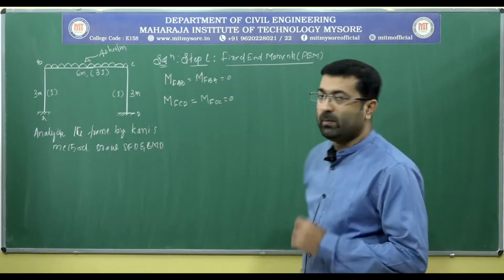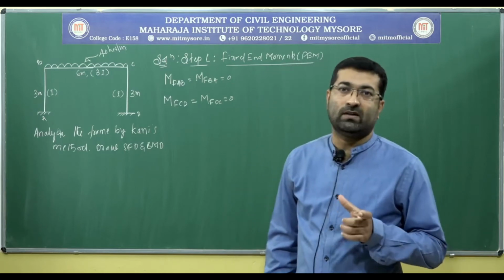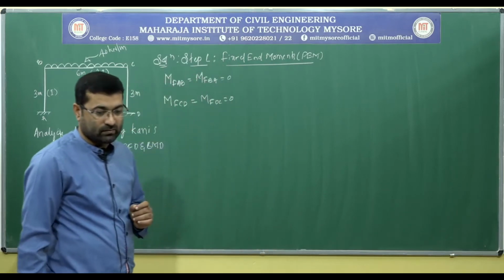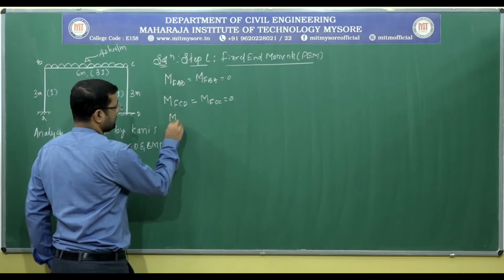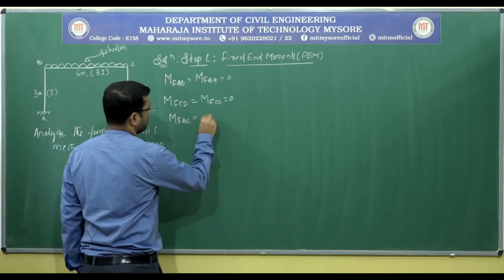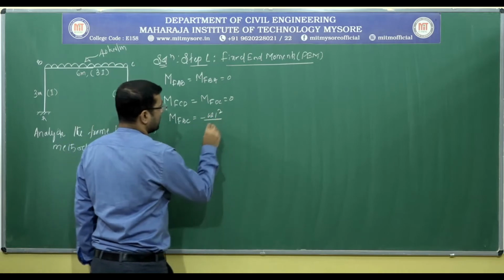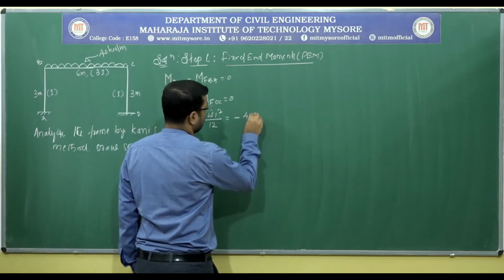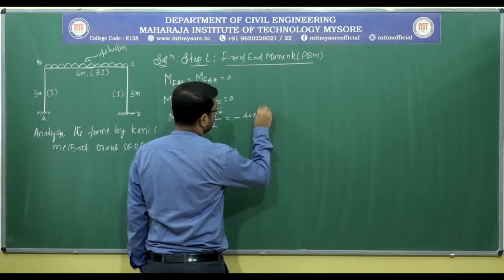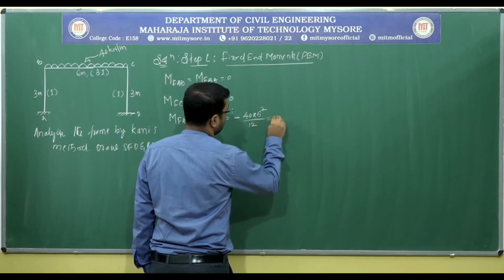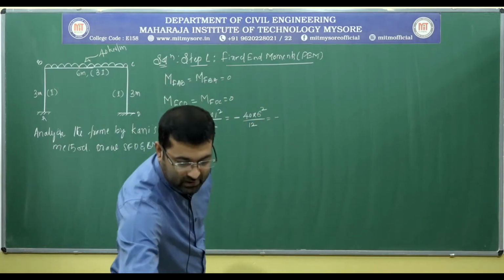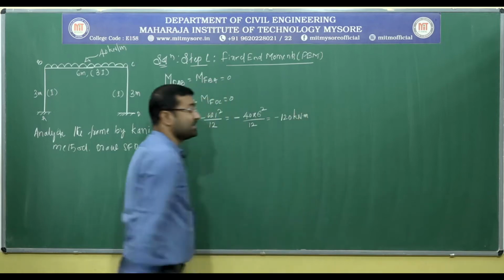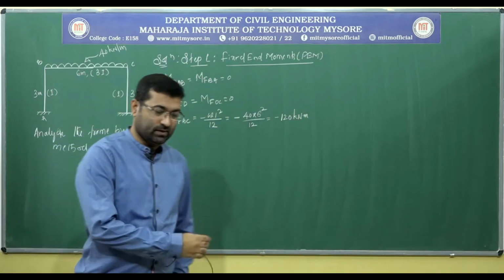The only member which carries a load is member BC. So for this BC member, we need to determine the fixed end moments. MFBC is equal to minus WL square by 12, as the load is UDL. Here W is 40 kilonewton, span is 6, so 40 into 6 square divided by 12, which gives a value of minus 120 kilonewton meter as the fixed end moment, right?